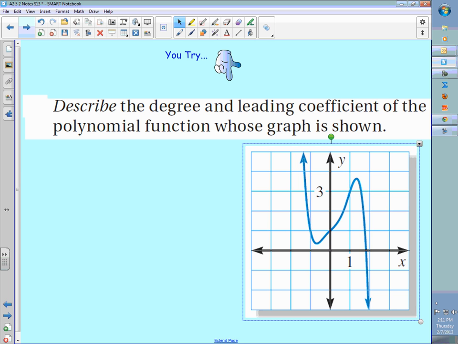So it's really only where the arrow's pointing. We don't care anything about the wiggles. We only look at the end behavior. We'll talk about how we get these wiggles in the next couple days. But you only need to be looking on the graphs at literally right here and right here. We're up on the left, down on the right, that's odd. And because you're up on the left, that makes it a negative.